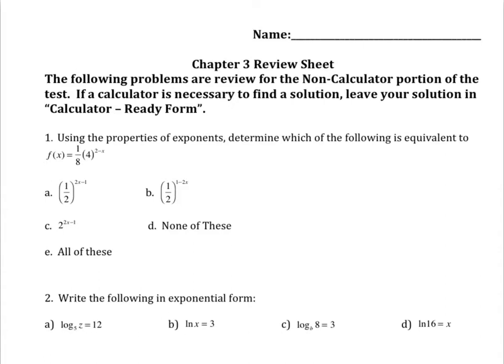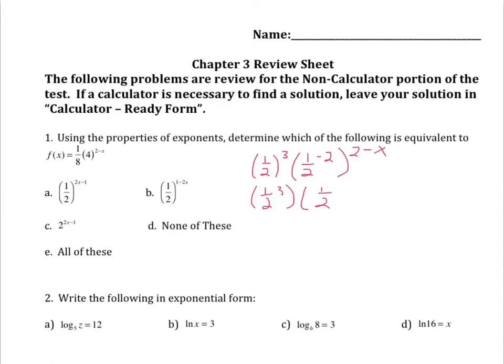And since 1/8 is a fraction, I am just going to rewrite that as 1/2 to the 3rd power. And then to rewrite 4 with a base of 1/2, that would be to the negative 2nd power. And then I still have the 2 minus x. So if I have one exponent being raised to another exponent, I can multiply them.